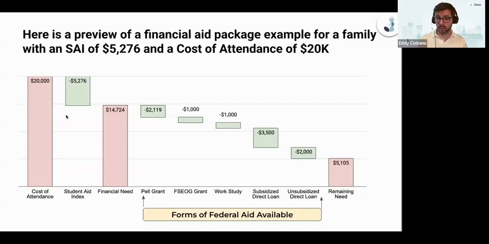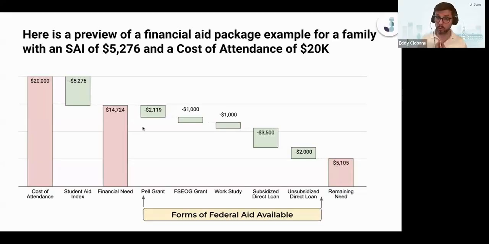They can't exceed this. You can't receive more financial aid than what is calculated as your need. Not all universities will meet full need. This is a great question to ask in admissions presentations. So does the school meet full need? Because if yes, they do, then a school will provide a financial aid package that meets this $14,724.